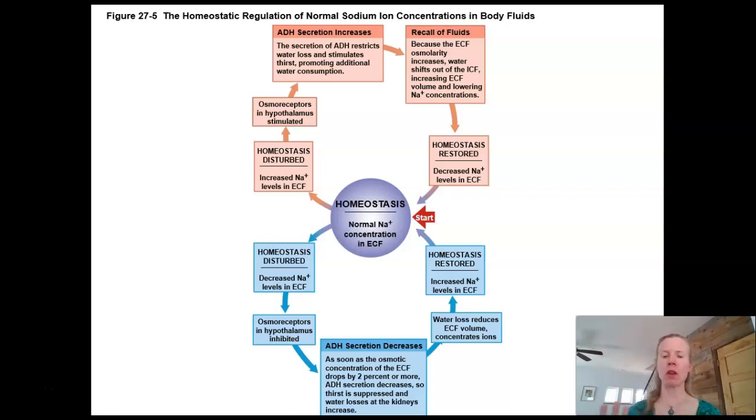And so this is just an image from your anatomy book looking at how homeostasis of sodium concentrations takes place. Now notice we're always looking at the extracellular fluid. So if we're getting increased levels of sodium, we're going to have stimulation in the hypothalamus.